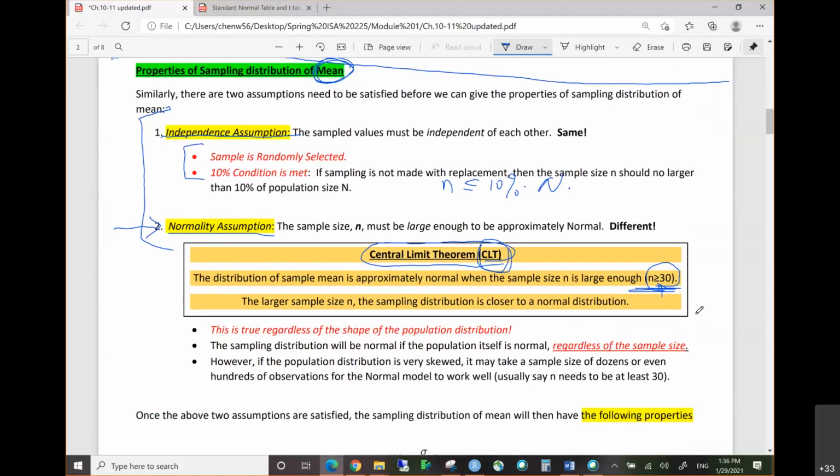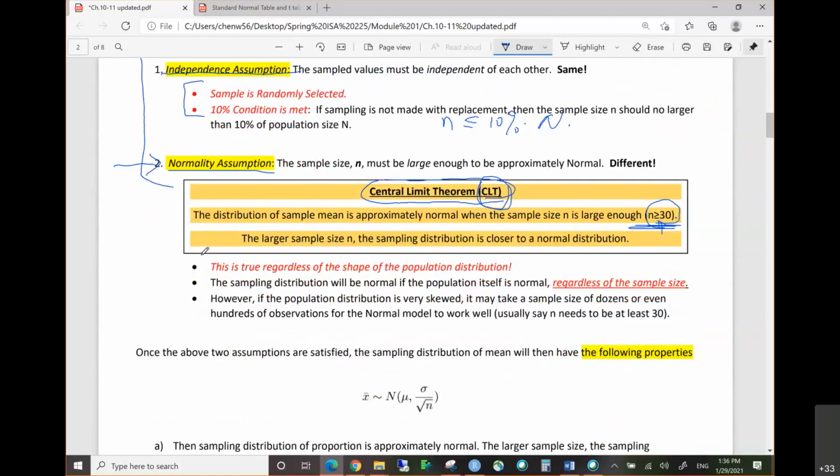And then for the central limit theorem, we have some details to talk about. The first one, this central limit theorem is true regardless of the shape of the population distribution.